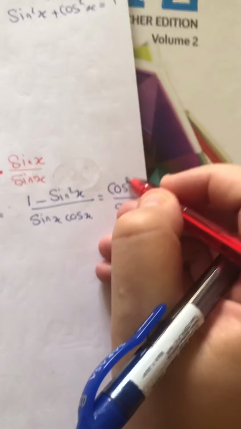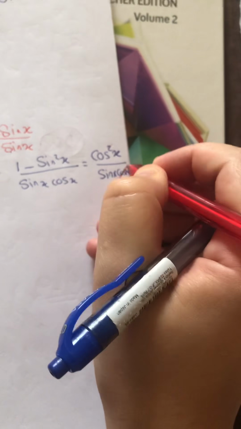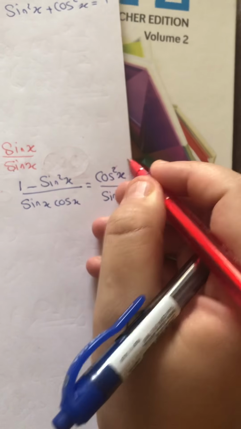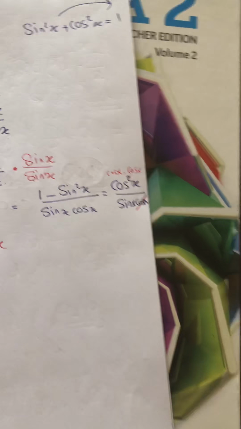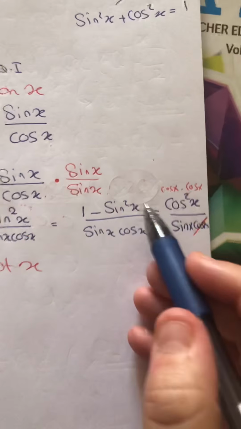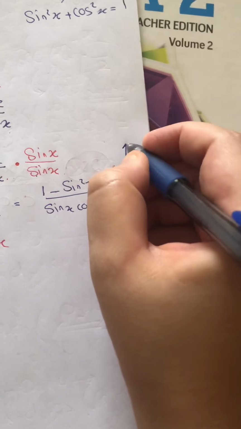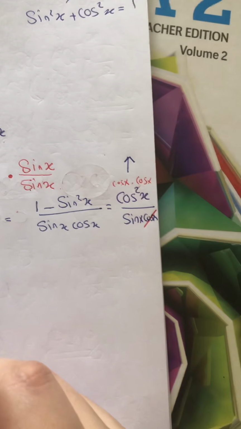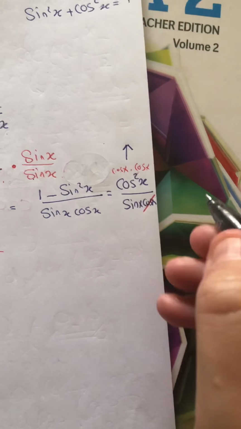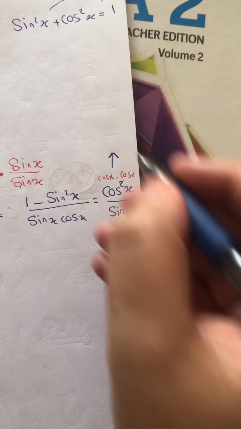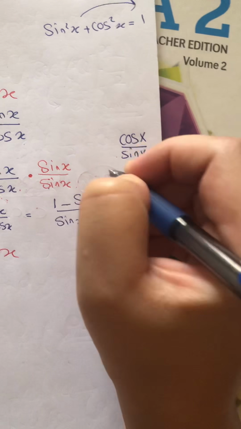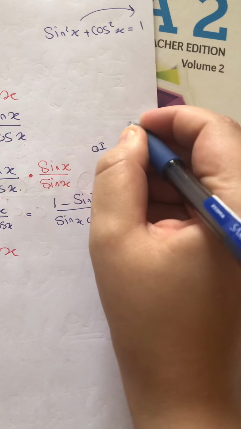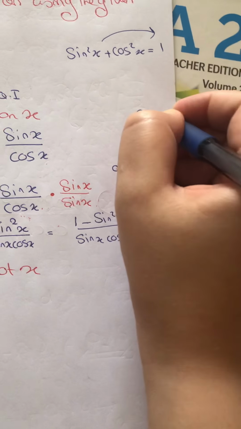One of the cosines will go with the cosine x, because cosine squared x is cosine x times cosine x. What am I left with? I'm left with cosine x over sine x. And what is cosine x over sine x? Quotient identities, we change this to cotan x.